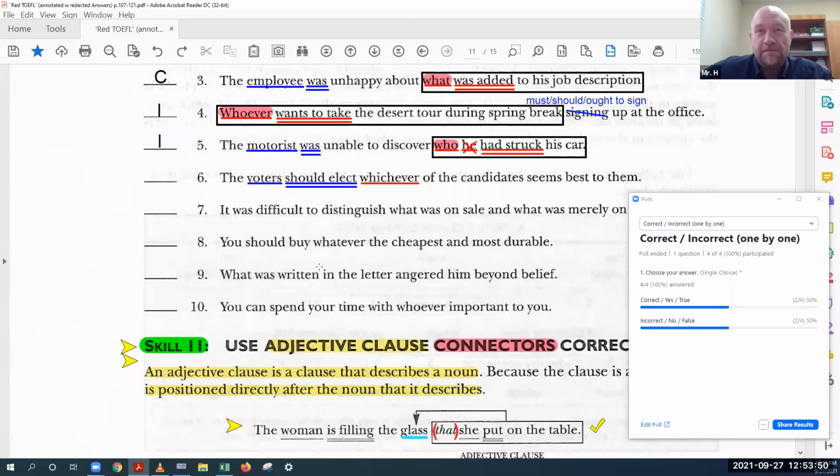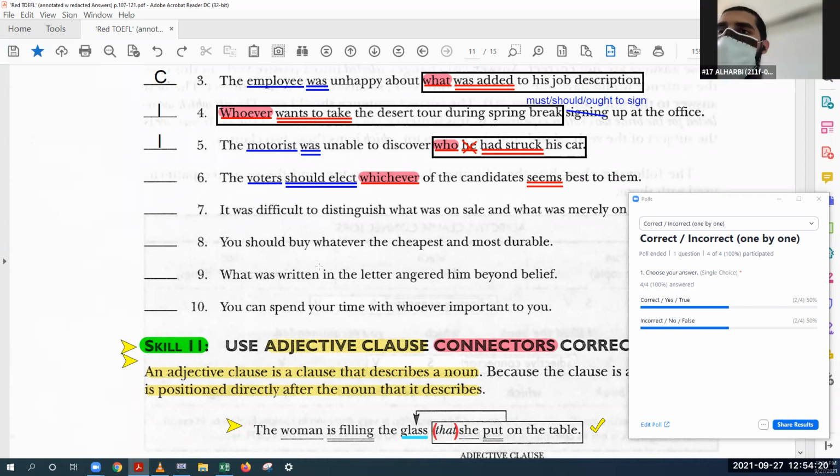And then, are we missing a verb? Are you sure? Yes. Uh-oh. What is that? Seems. It's a verb. S-E-E-M, seem. It seems like, looks like, appears.